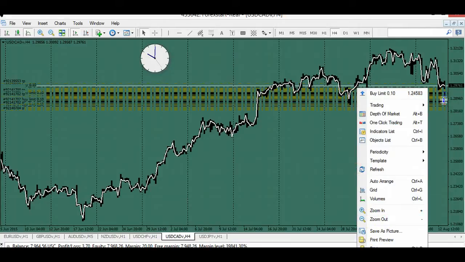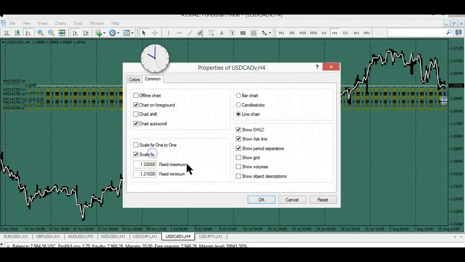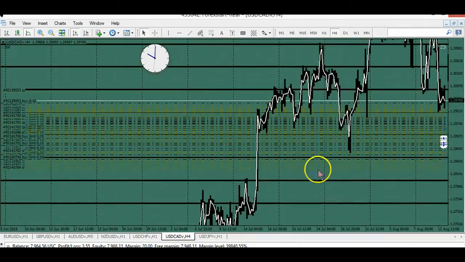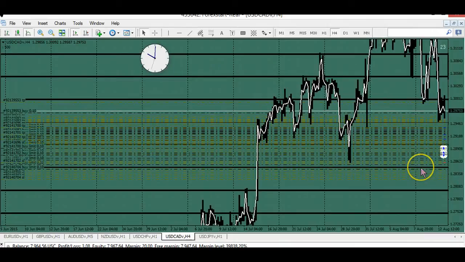So that's why I fixed the scale, because I'm only concerned with the 150 pip plunges. So right here is 150 pips. That's about 125 pips. And that's a lot of money. 125 pips, and I could back these up.